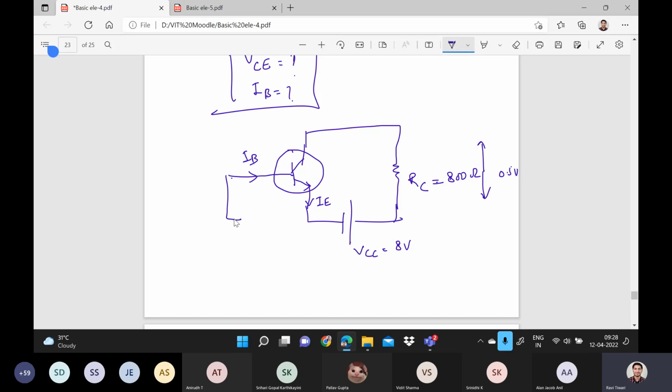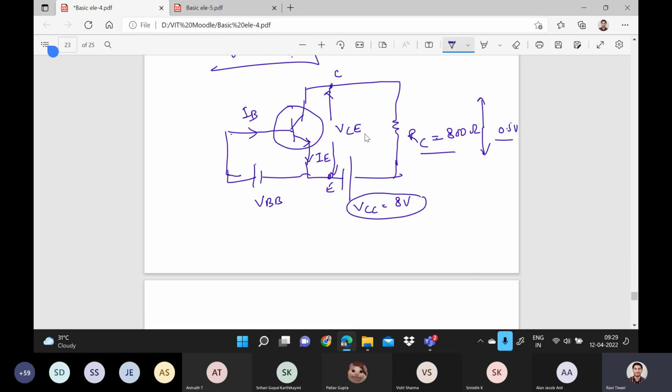And for example, as this is the base voltage, I'm assuming this is base VBB. This is the collector junction, this is the emitter. So the voltage around it will be your VCE, and that you have to calculate. This is the VCC. This voltage we need to find out. This is RC, this is the voltage drop, and you have to find out the value of IB also.